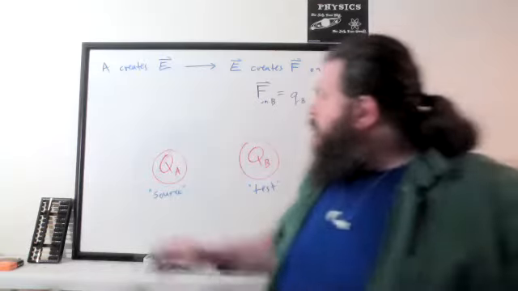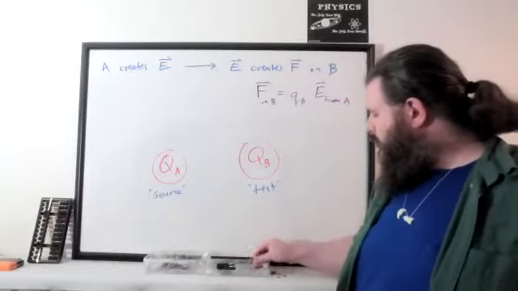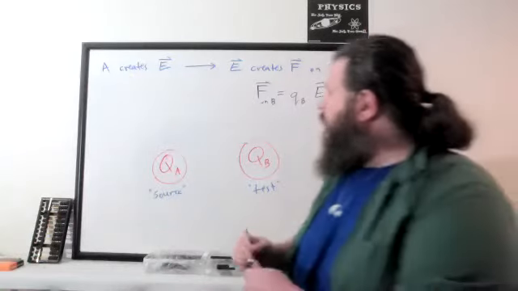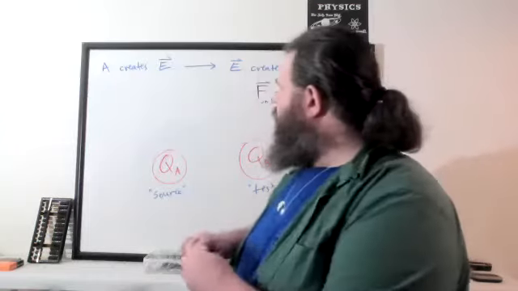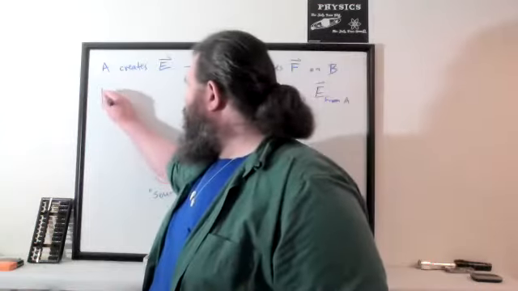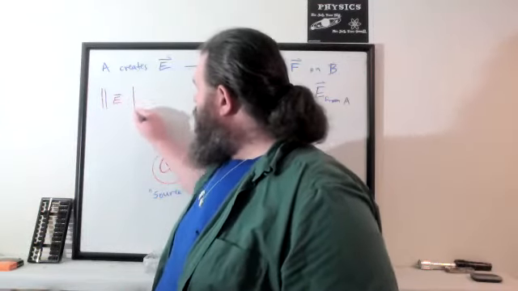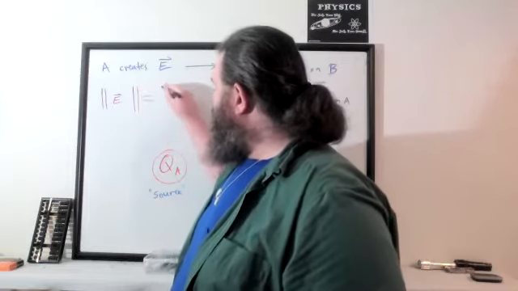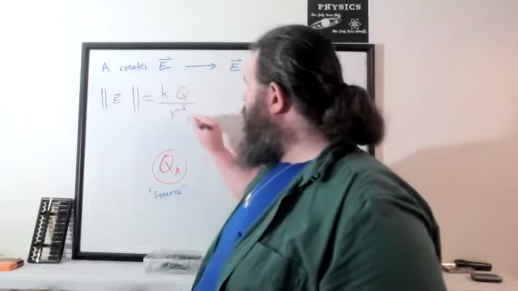And then we also need an equation to figure out how much electric field A creates. And this is the equation that somebody mentioned earlier: at least the magnitude of the electric field, ignoring direction for the moment, is K times Q divided by R squared.